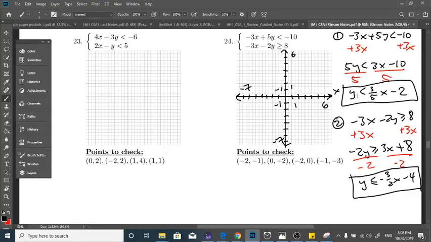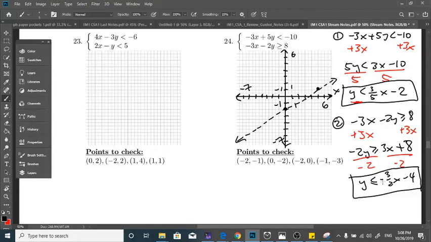So we're going to graph both lines. So the first one I'm going to graph is this one. So we have minus 2, and then up 3. 1, 2, 3, over 5. It's over here. And then again, this is dotted because it's just less than, no equal to sign. Then we have this one.